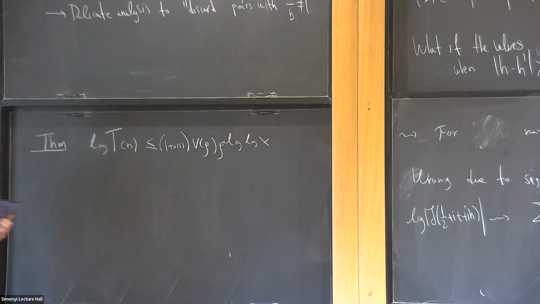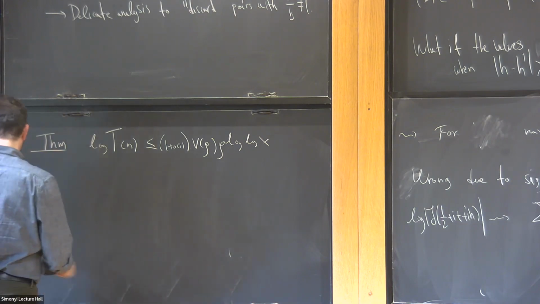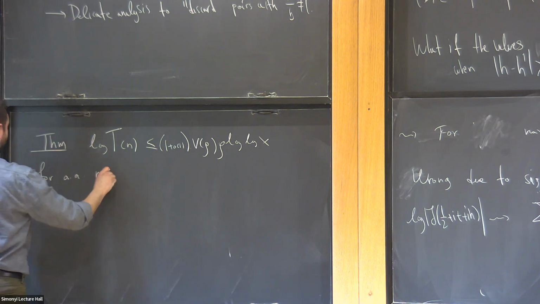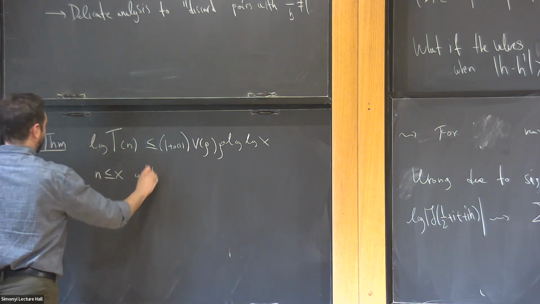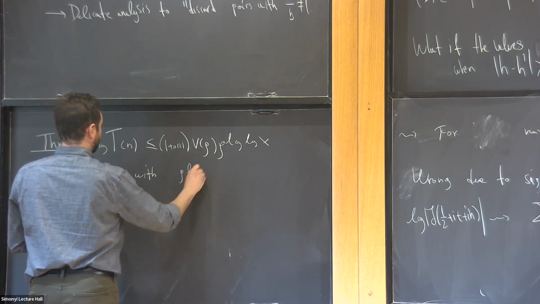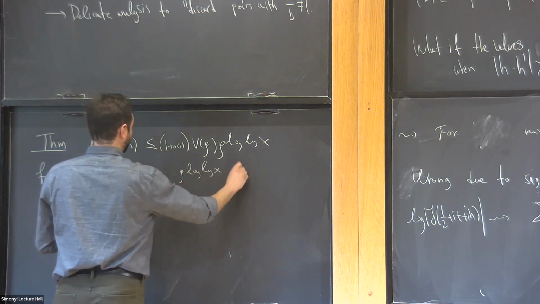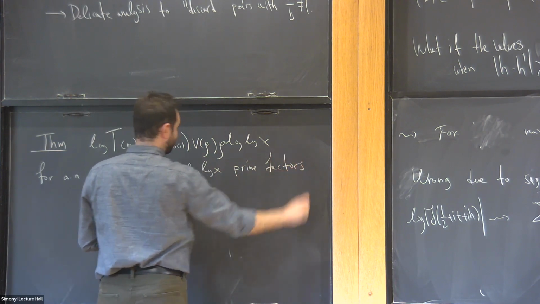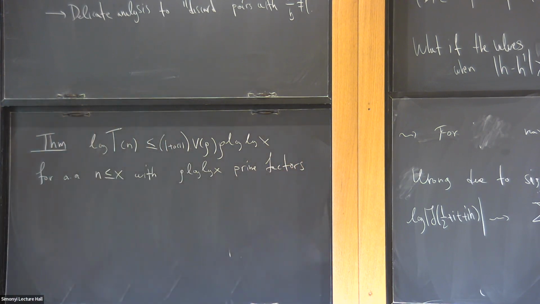So it's new rho log x. So what are all these things? For almost all n less than x with rho times log x prime factors. And as I told you, you have to condition on the number of prime factors because the answer depends on that.